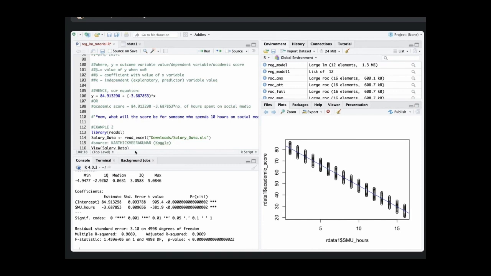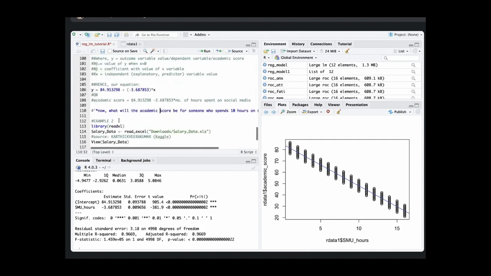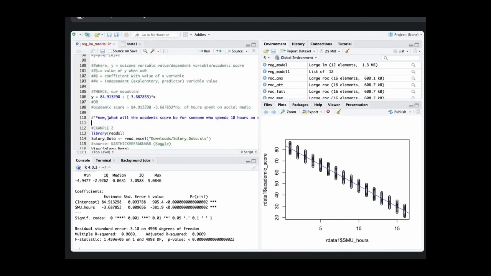So let's try to test this out. What will be the academic score for someone who spends 10 hours on social media in a day? When we have our equation ready, we can calculate this by saying that their academic score would be equal to 84.913298 minus 3.687853 into 10.